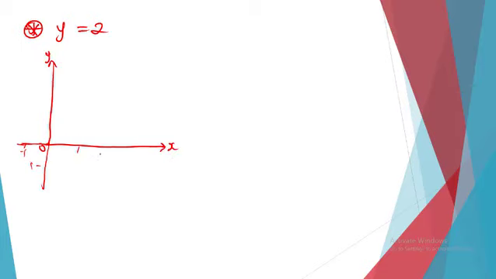Okay, so we have 1, 2, 3, and then we have 1, 2, 3, and they told us that y is 2, so the value of x is not given. What do we need to do? After marking this, then we draw a line. Y equal to 2, as simple as that.